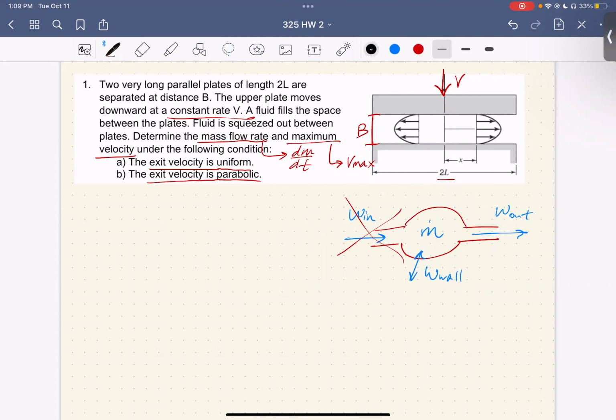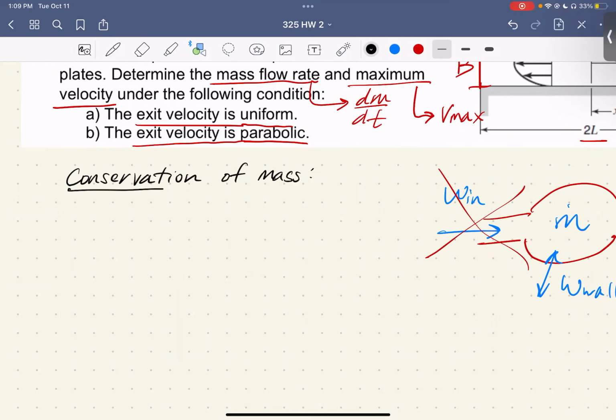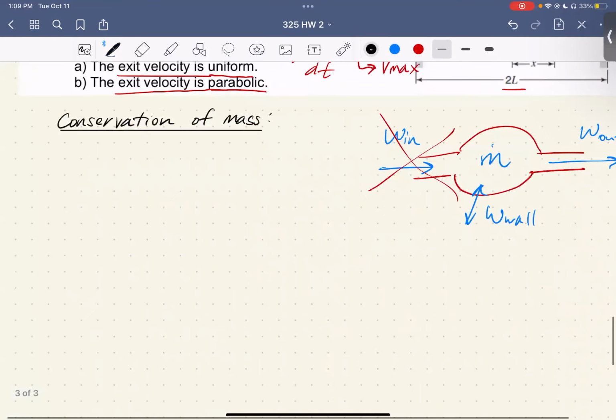So let's just write it out right here. Conservation of mass. And by now, I hope you all know this by heart. It's something that we'll continuously be using, so it's very handy to have this down. We know it's dm/dt, the rate of change of the mass in the system.